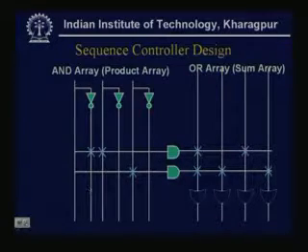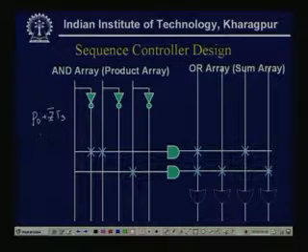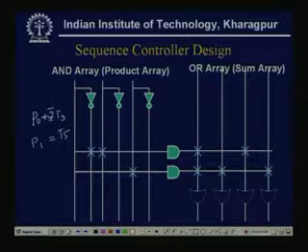So, if it is a PLA design, then this type of AND array and OR array circuits will be there, and the logic we can write is that the product terms generated in the PLA design are P0 equal to Z bar T3 and P1 equal to T5, and then the output signals will be generated.